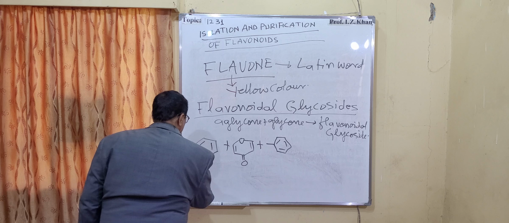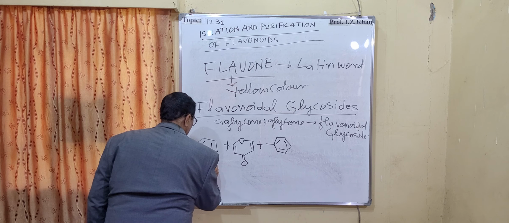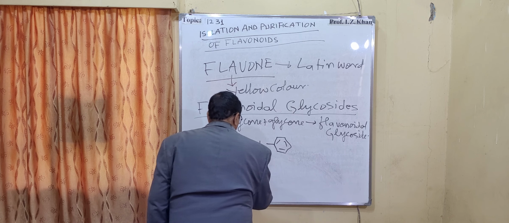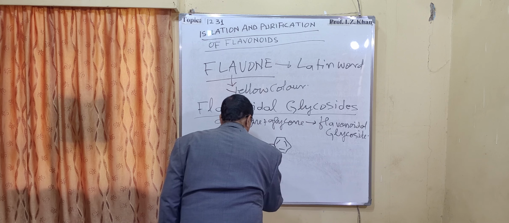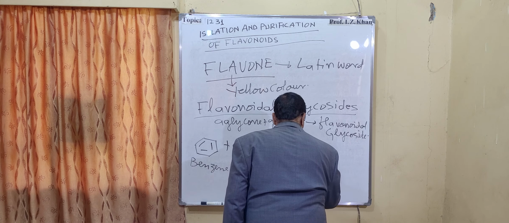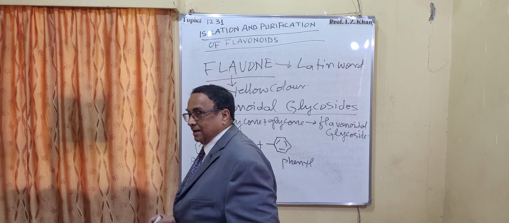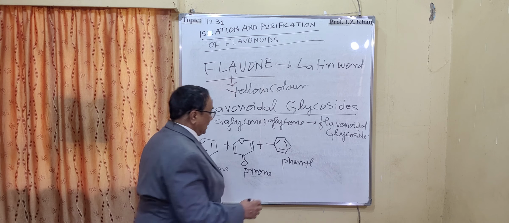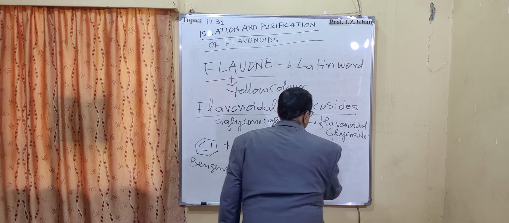So this is your benzene, this is pyrone, and this is your phenyl. When they are condensed together, you will get this nucleus.